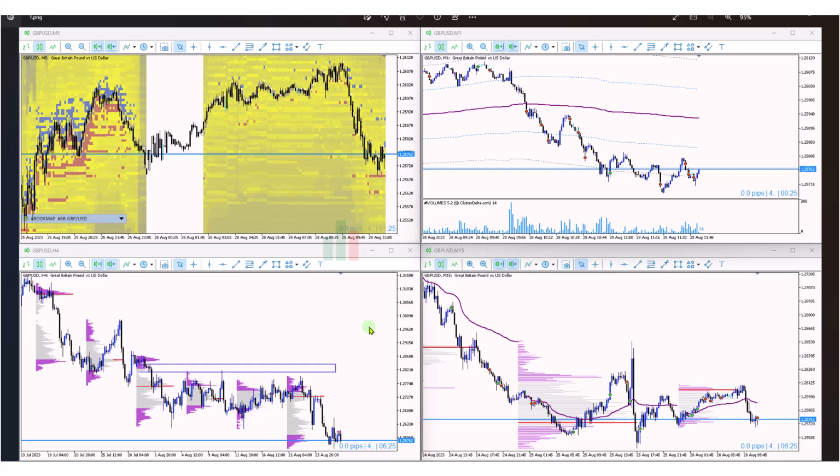For me, it helps to find the trend, what is going on over a long period of time. I also use this with market profile set to weekly, so I can see the weekly levels and the weekly POC.